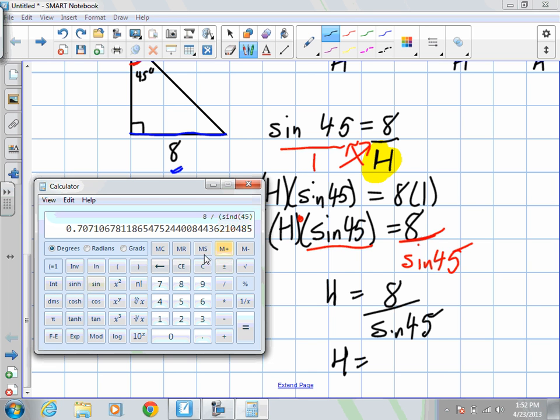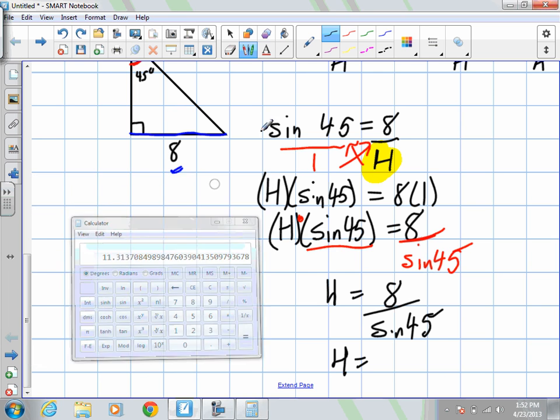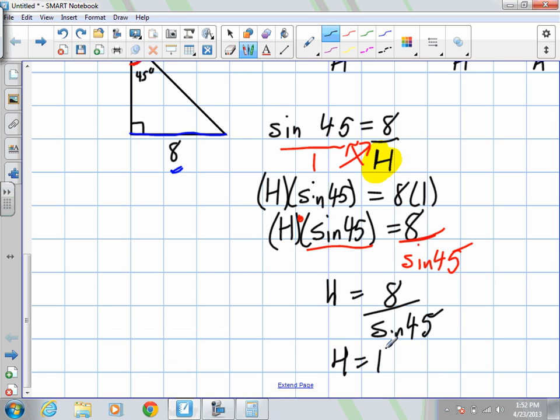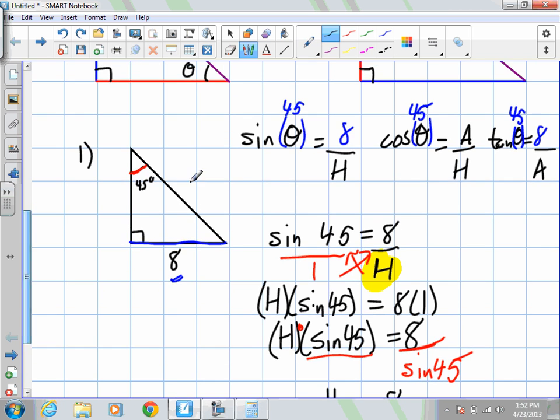Sine 45 is about 0.7, and make sure your calculator is in degrees, not radians. Altogether it equals 11.31. So our hypotenuse in this case is 11.31. We go back up to the top and put in 11.31, whatever the unit of measurement is.